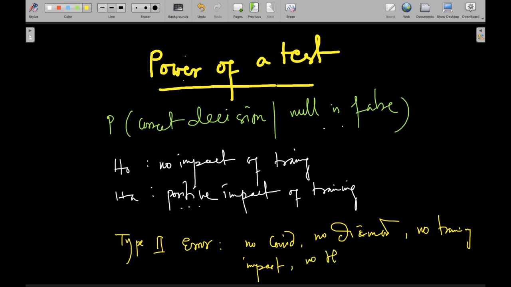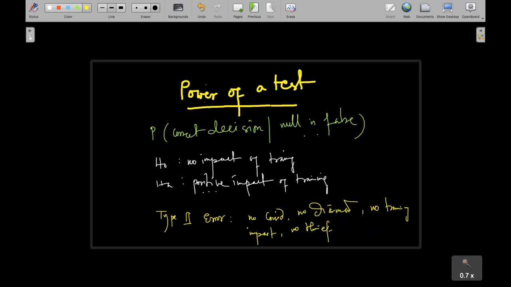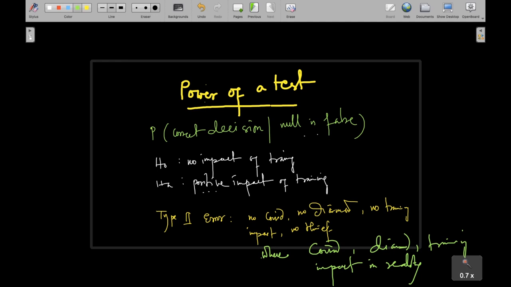So these are the cases where there is COVID, or a diamond, or a training impact in reality. These are the cases of type 2 error, and I claim that the power of a test is 1 minus type 2 error.